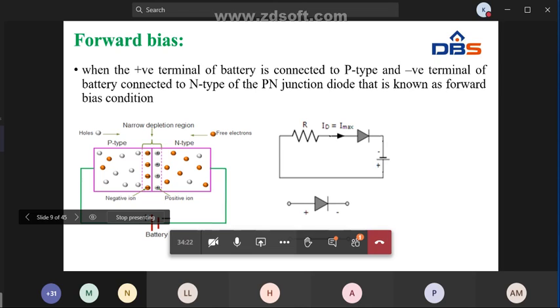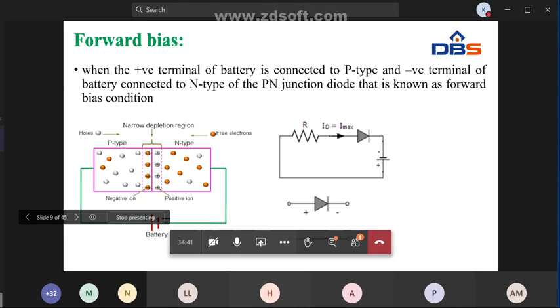When you apply this external voltage, due to the same charges on both sides, these holes are trying to break this junction and these electrons are trying to break this junction, right?